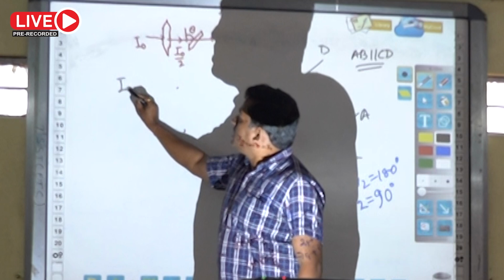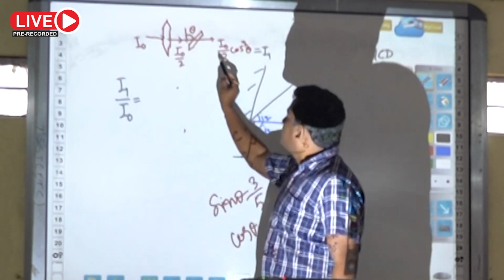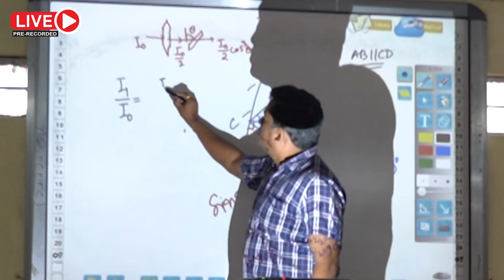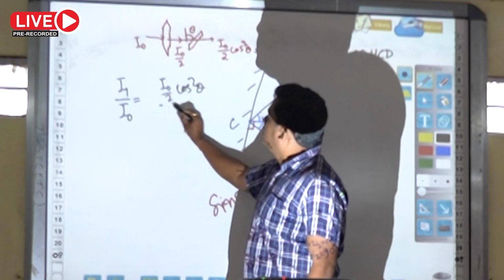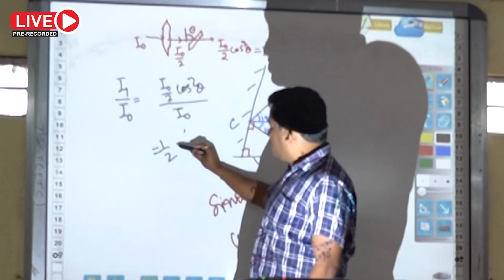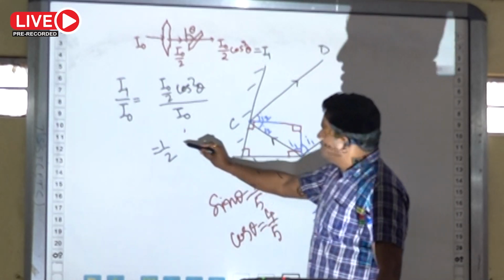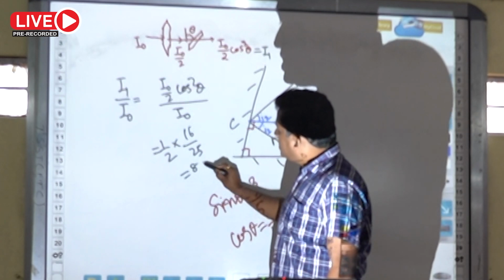So I1 by I0, that will be I0 by 2 cos square theta divided by I0. That is half cos square theta. Cos square theta is 16 by 25, so it will be 8 by 25.